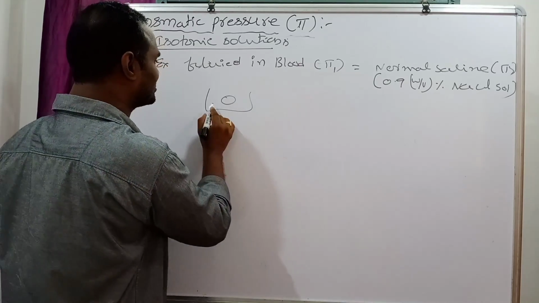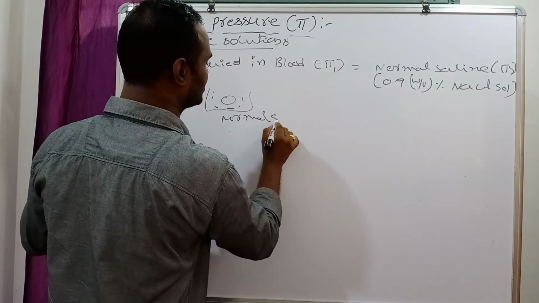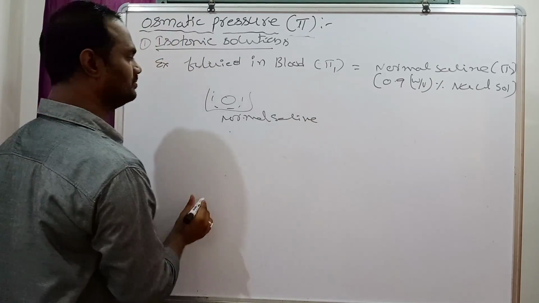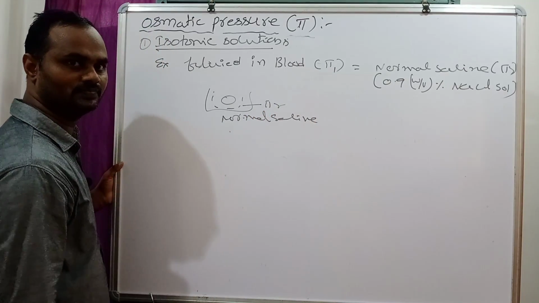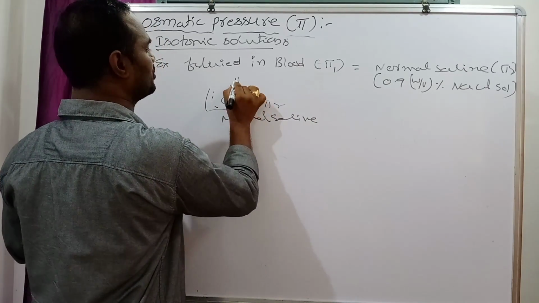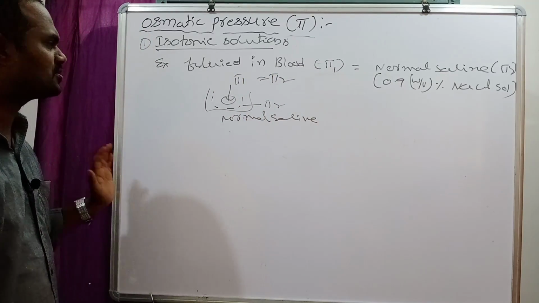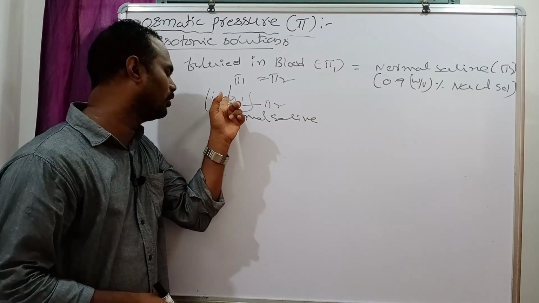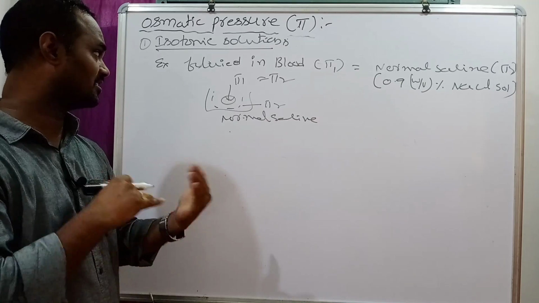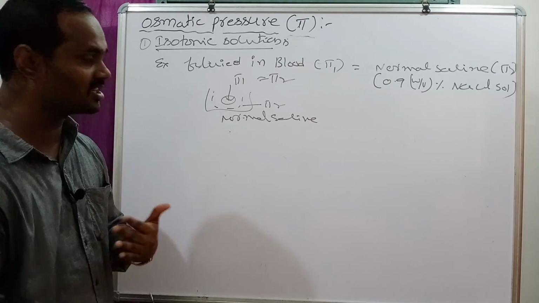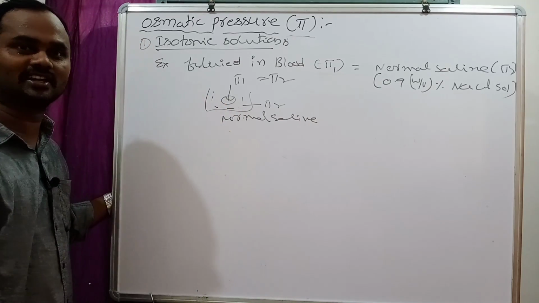Suppose one blood cell I put in normal saline, what will happen here? Normal saline osmotic pressure is pi 2. Blood fluid osmotic pressure is pi 1. Pi 1 equals pi 2. Means both concentrations are almost equal in blood fluid and normal saline. Isotonic means osmotic pressures are equal, therefore concentrations are also equal.